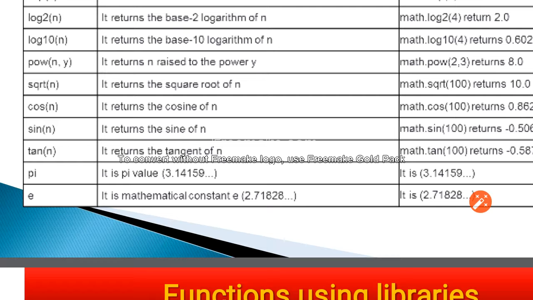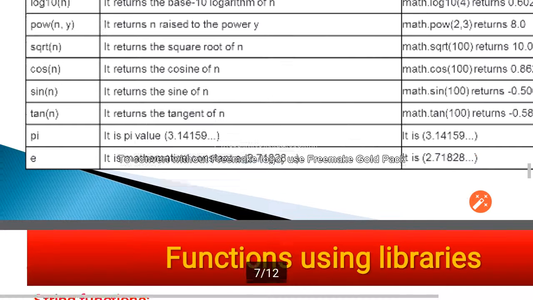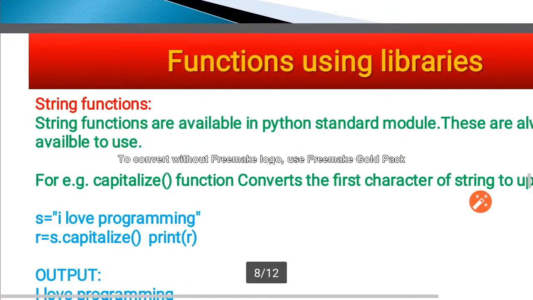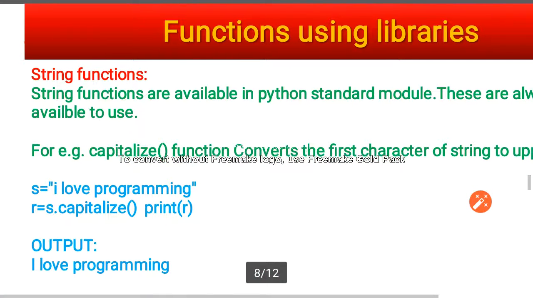So we will use this value as pi. Then e is a mathematical constant. Again, if you want to use e for any program, you can use e, right? For all these you need to import the mathematical functions, and the module is math.